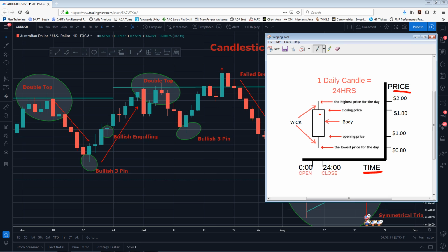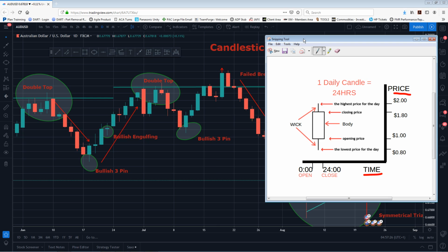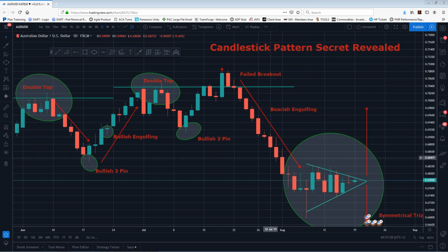And as we approached the 24-hour closing time, price was $1.80. I really want you to understand the candlestick and what it's telling you, because when you combine that with candlestick formations, it really becomes powerful.